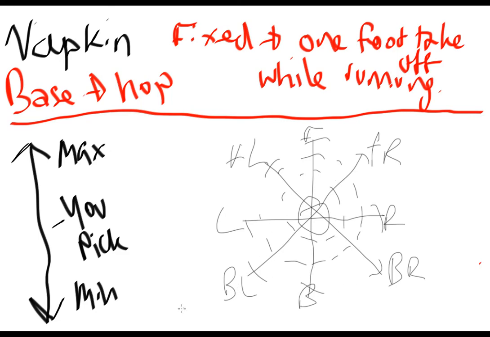So you might say, what I'd like to see is you move in from back left, jump, and then leave forward left. You'll get in here, you'll jump, you'll probably land here somewhere, and then you'll get out that way.